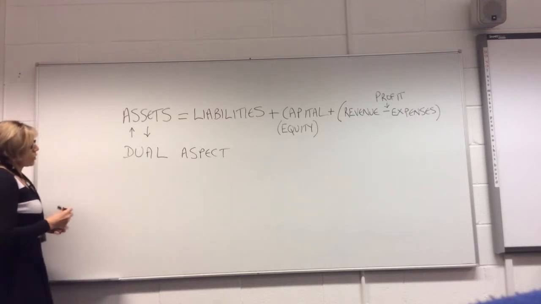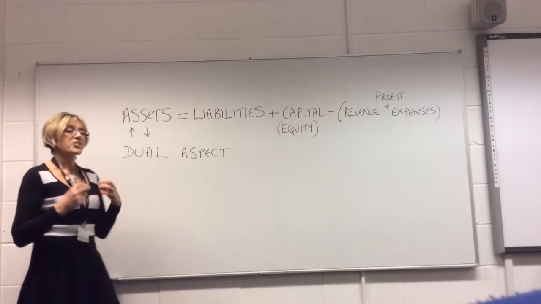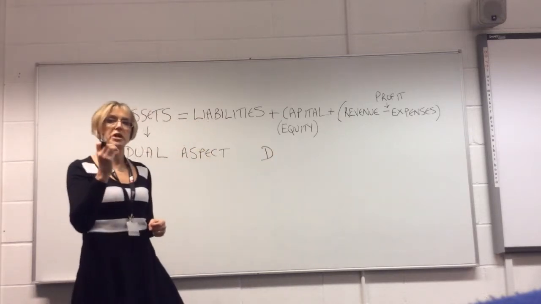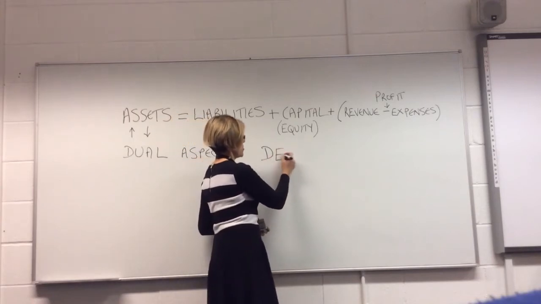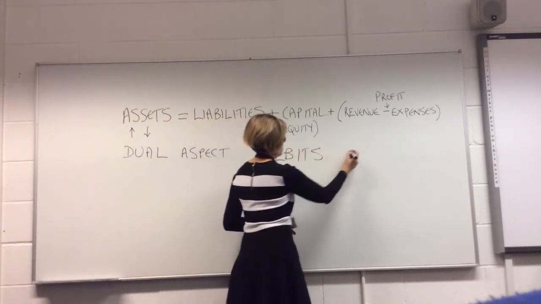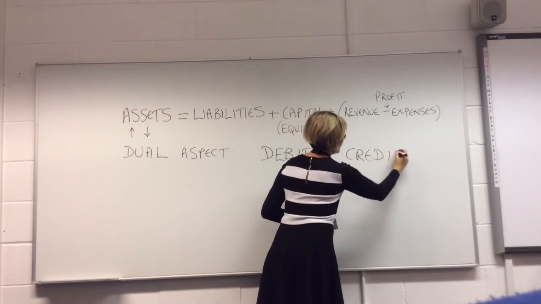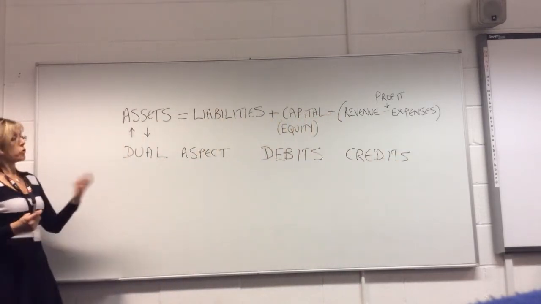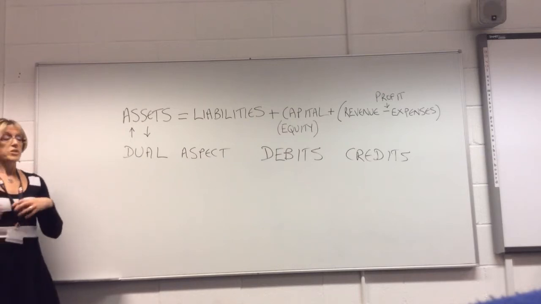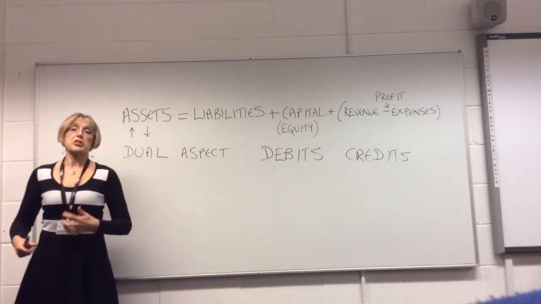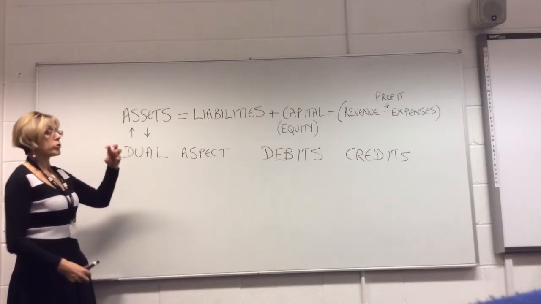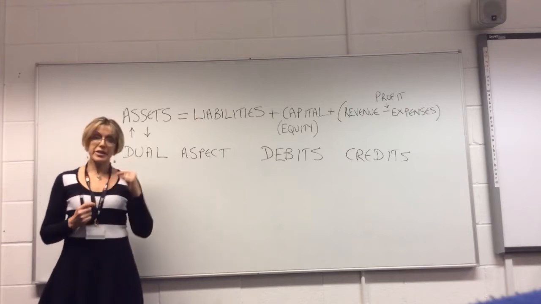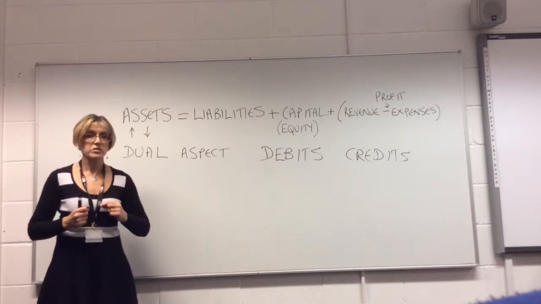Now, we need to think about debits and credits, the all-important bits of our accounting system. Now, these words, debits and credits, don't really mean much. We could have called them widgets and whatsits, but they've just been called debits and credits. Now, we record business transactions by making entries in the accounting system.